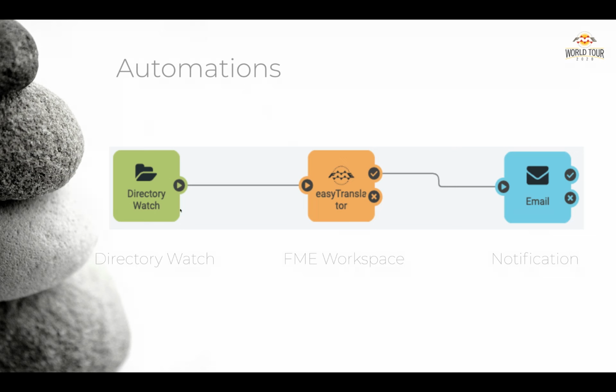The tools are triggers, like Directory Watch here in this example, actions in orange here, which are generally workspaces, and then external actions, which are typically things like emails in this example. The lines connecting these tools are just like lines in Workbench.